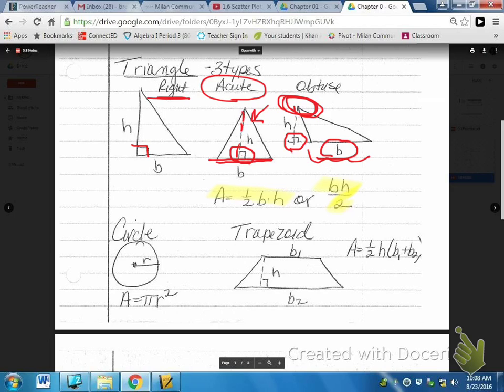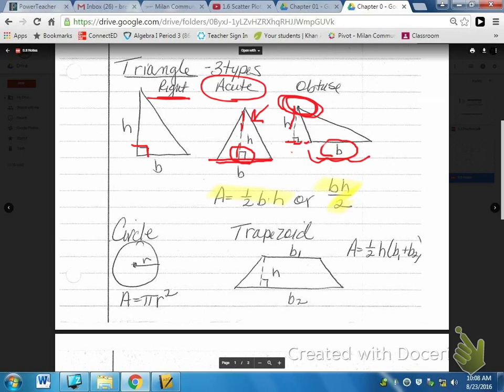So they draw this thing out here called an auxiliary line, the dashed line, it's like imaginary, it's really not there. And you drop that height down to it. That's the distance that you would use then. So 3 different triangles, they all use the same formula. You just have to be aware of which 2 sides are the base and height. It depends on what kind of triangle it is.